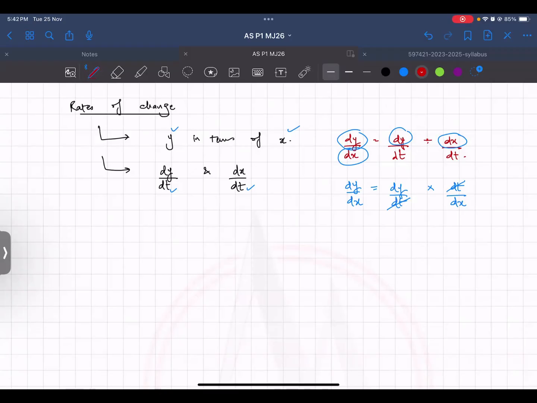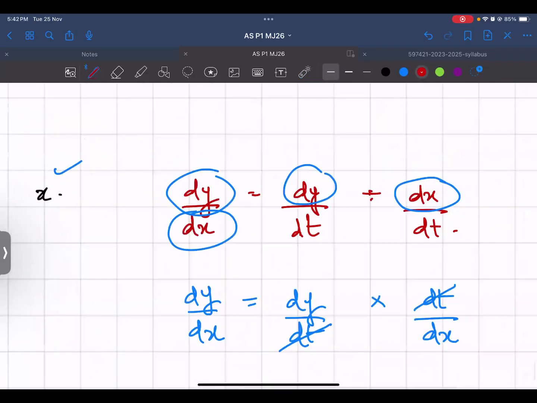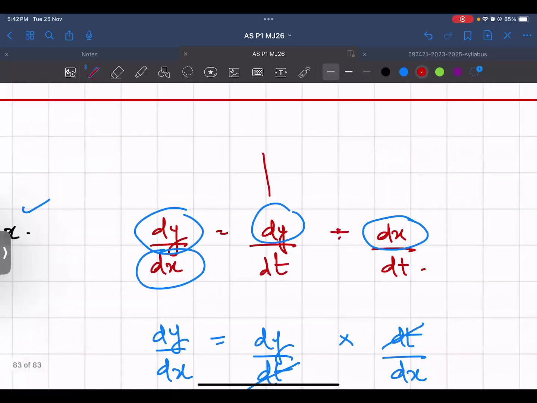So they would give you any two of these. Let's suppose they have given you dy by dx, you will find it yourself, they have given you dy by dt, and you will have to find dx by dt. And dx by dt and dy by dt is what? Rate of change, or change in y with respect to time.